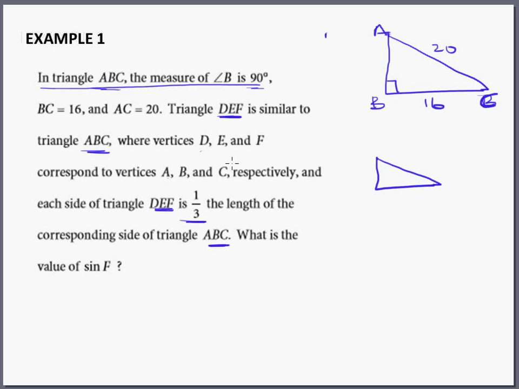They said D corresponds to A. So where's our D? D will be here, and then E will correspond to B. So this will be E, and then F will correspond to C. So this will be F. So this will be DEF.